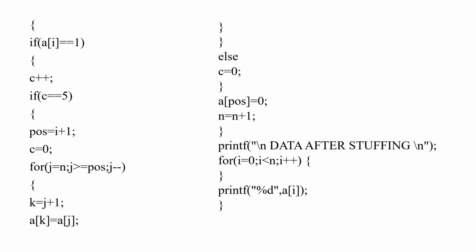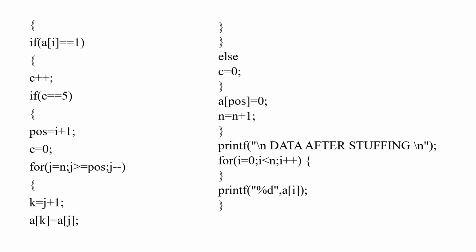Now, if a[i] is equal to 1, or suppose a[i] is 0, you have to compare the output, whether it is 1 or 0. If it is 1, then you increment the count. If it is not 1, then the same bit will be stuffed.